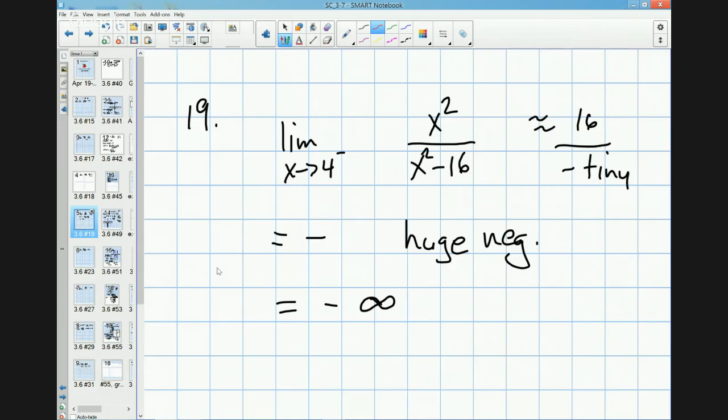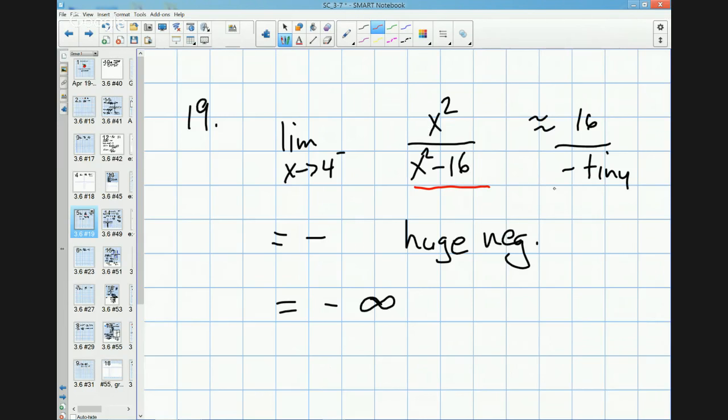So for example, like 3.9 and closer. And of course, you know what happens when you square 4, you get 16. So if you square anything less than that, you're going to get something a little bit less than 16. So when you're doing this subtraction right here, you're going to be getting a tiny negative.